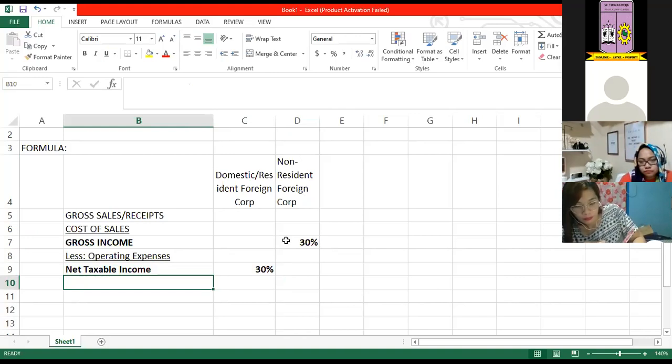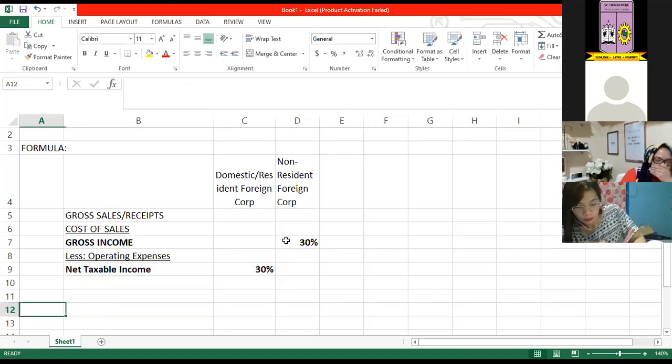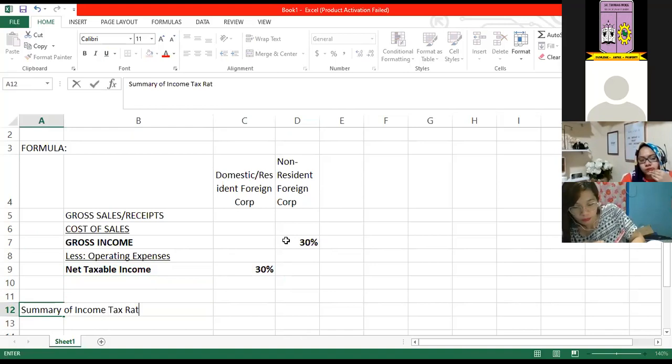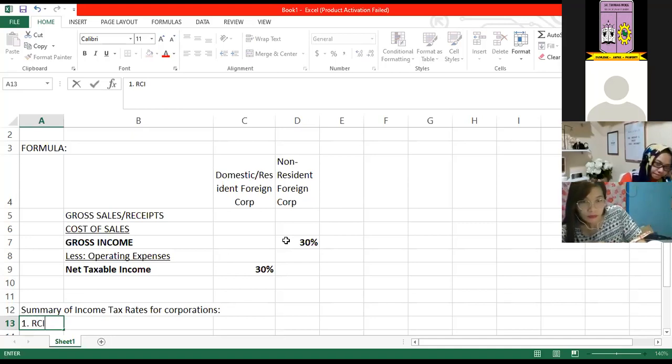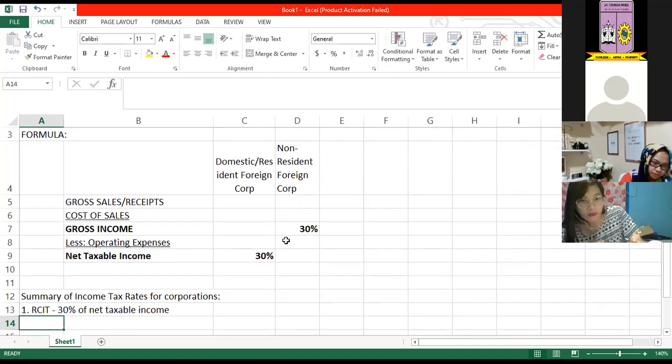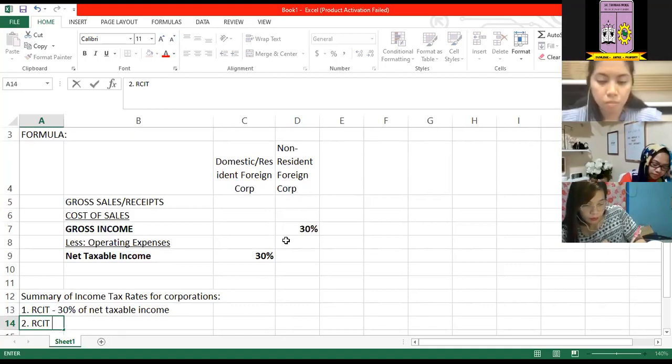Now, another kind of tax here, the third one, is the minimum corporate income tax. So, isummarize natin, summary of income tax rates for corporations. Number one is yung regular corporate income tax, 30% of net taxable income. This is with respect to domestic and resident foreign. Regular corporate income tax, 30% of the gross income, for non-resident foreign.